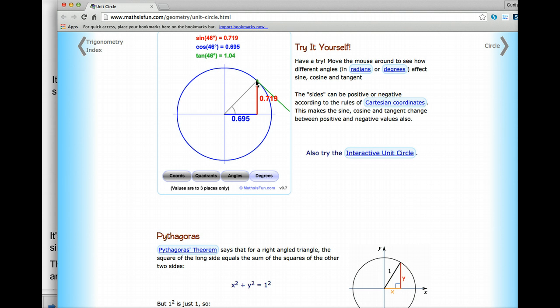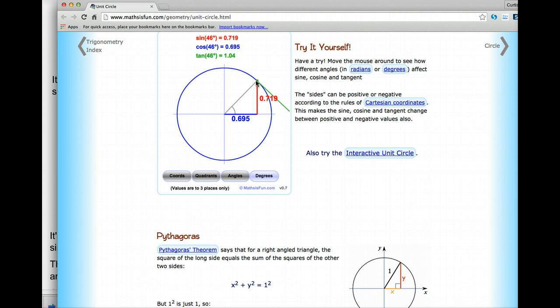Well, if you look up above, you'll also see that the sine, cosine, and tangent are listed. And you should notice that the sine and cosine are exactly the same as the lengths of the legs of the triangle.